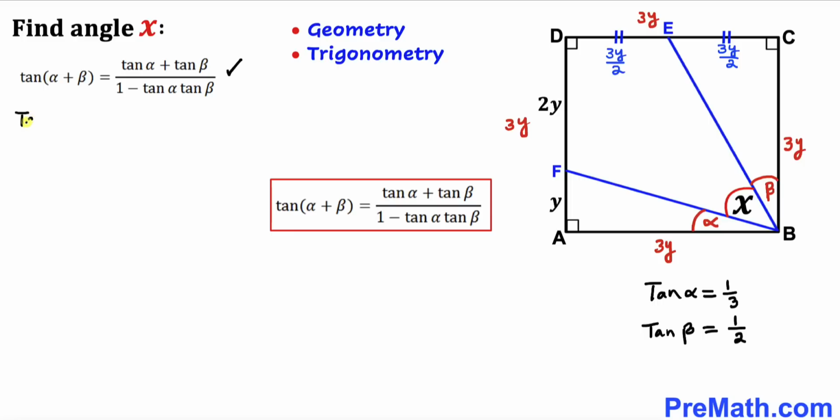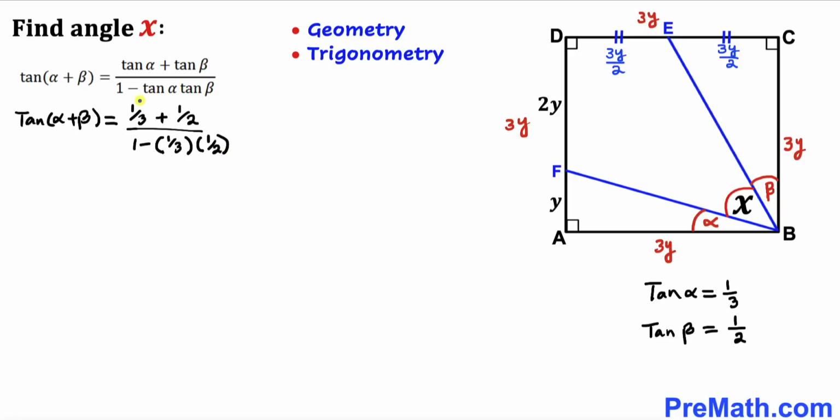Tangent of alpha plus beta equals 1 divided by 3 plus 1 divided by 2, all over 1 minus 1 divided by 3 times 1 divided by 2.